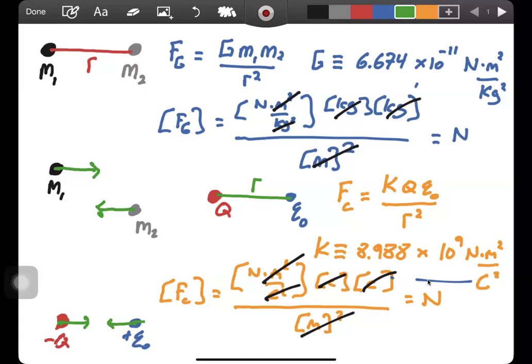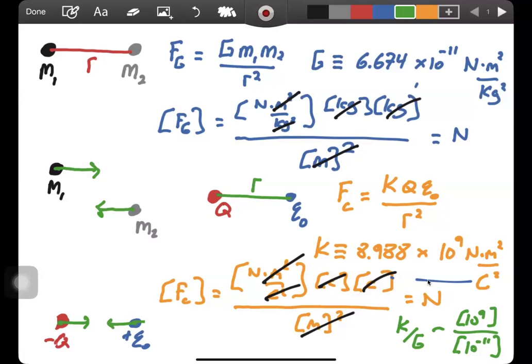So if I was to take a ratio, if I was to say K divided by G, then I would have an order of magnitude of 10 to the 9 divided by 10 to the minus 11. Now, when you are looking at exponents, and you have something to some power divided by something to some power, you subtract the exponent at the bottom from the exponent at the top.